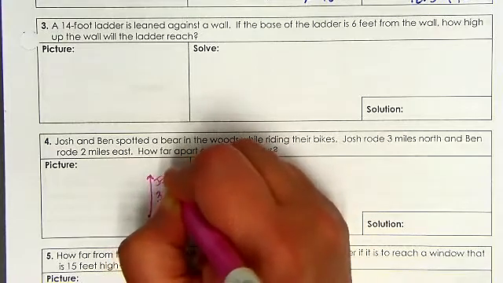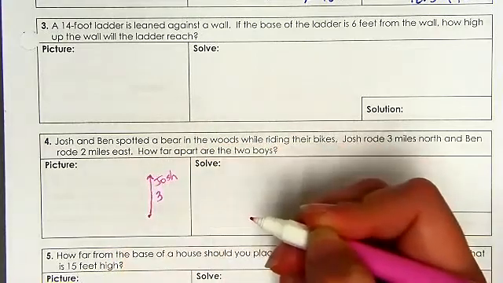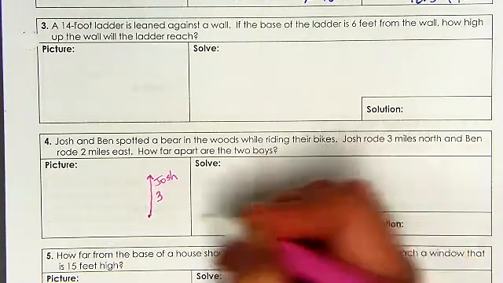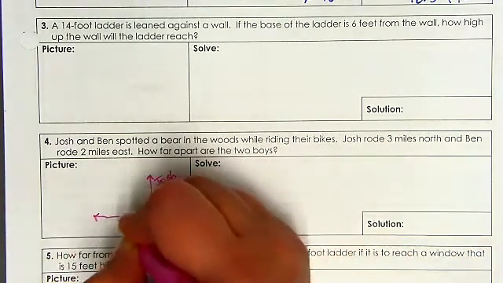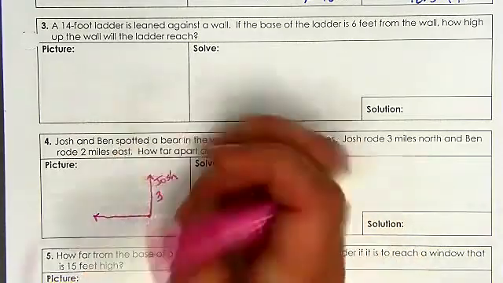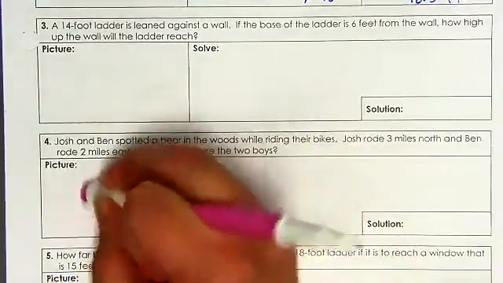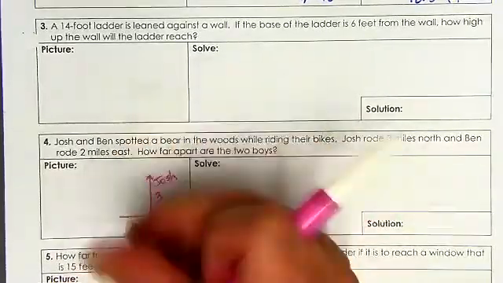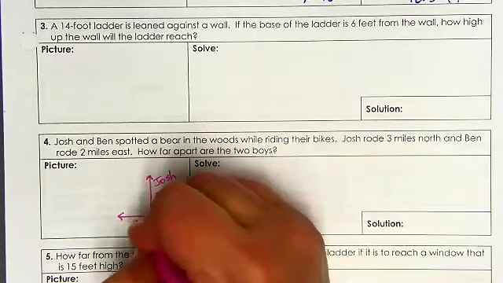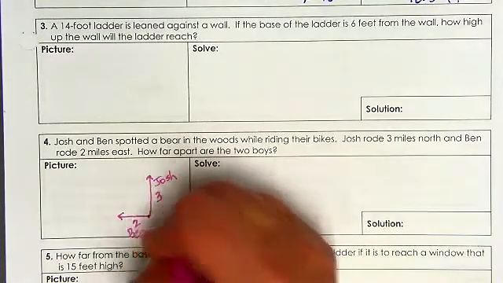So this is Josh. And Ben rode 2 miles east. So that's this way. I should probably make that shorter, because it's supposed to be smaller. So this is 2 and this is Ben.